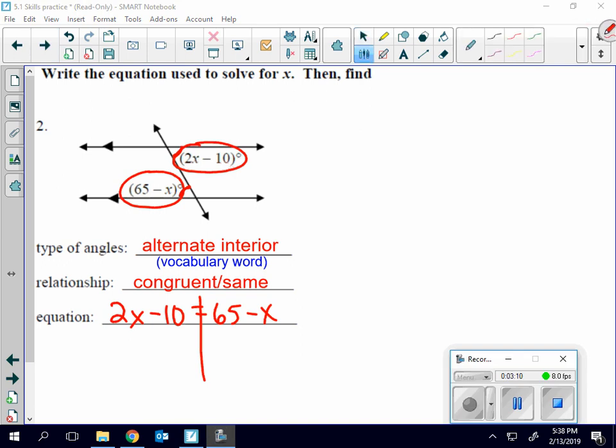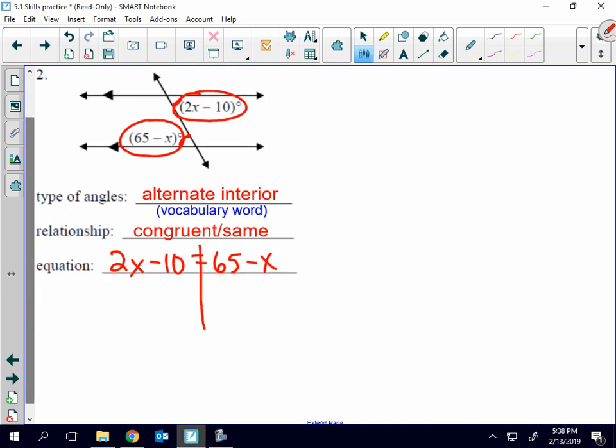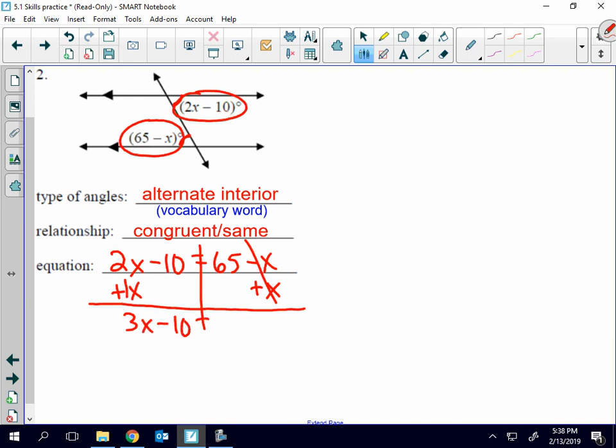So I have x's on both sides, so you can move them either way you want. I'm going to undo this negative x on the right. I'm going to do the opposite and add it to get rid of it. And then I'll add the 1x to the other side as well. Those are gone. 2x and one more x is 3x. I still have negative 10 here and a positive 65 on the right.